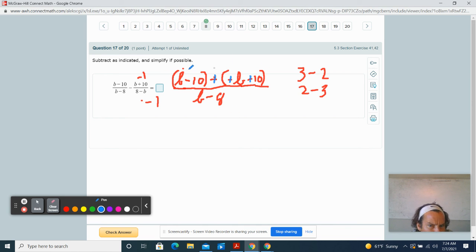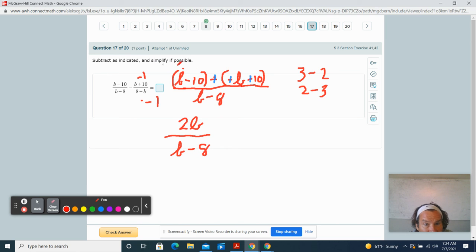Then you wouldn't make a mistake with the negatives, because you're going to see b plus a positive b, and you'll know that's 2b. Then negative 10 plus a positive 10 cancel, so we don't have to put 0. All we have left on top is 2b, and on the bottom we have b minus 8.